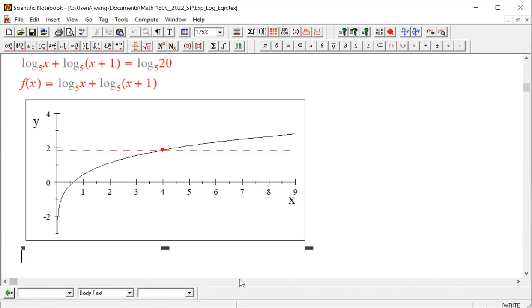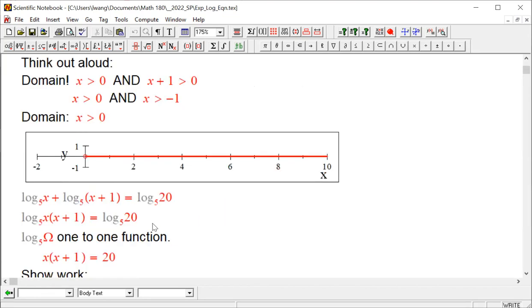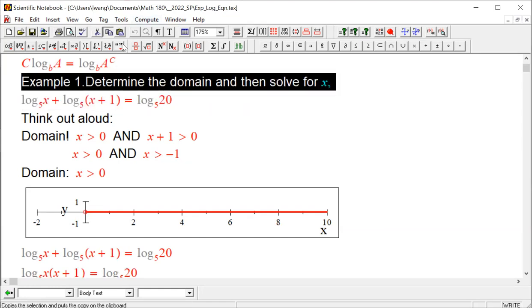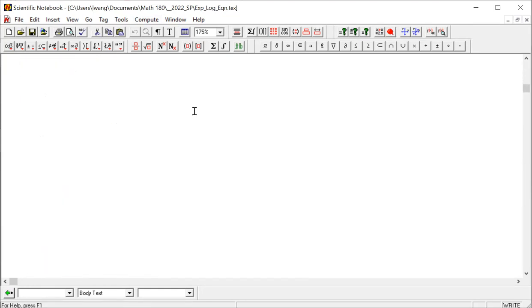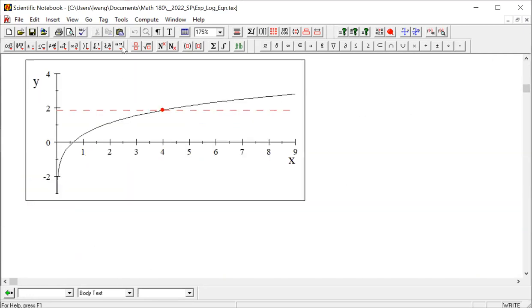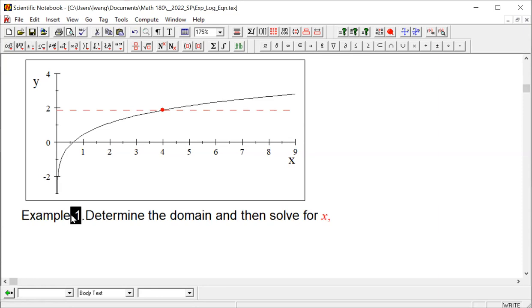Okay, so this is the first example. Let's work on another example. We still have this title, but this time it's example number 2.